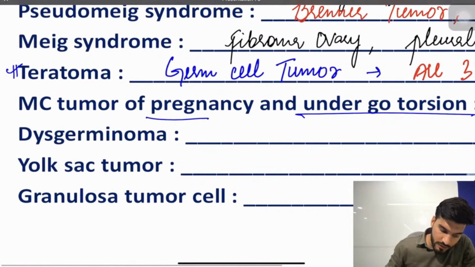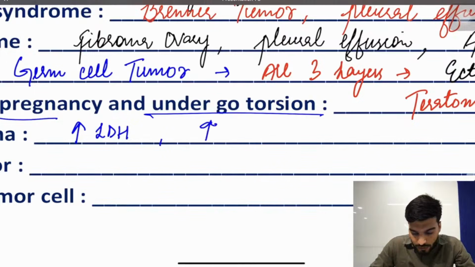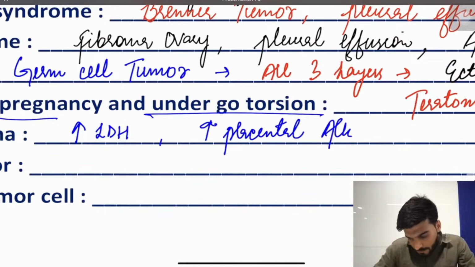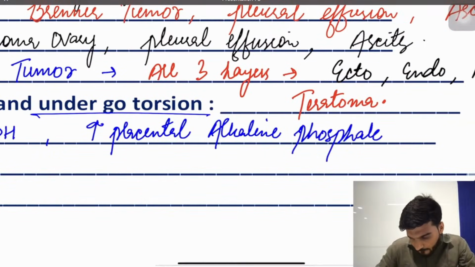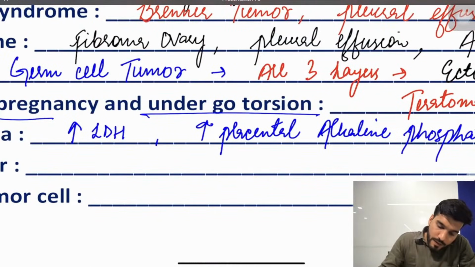Okay, then we have dysgerminoma. There are increased levels of LDH and increased levels of placental alkaline phosphatase. Okay, we have yolk sac tumor, my dear students, associated with increased alpha fetoprotein.